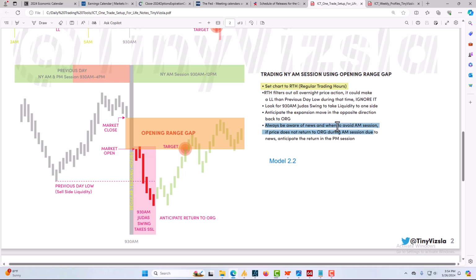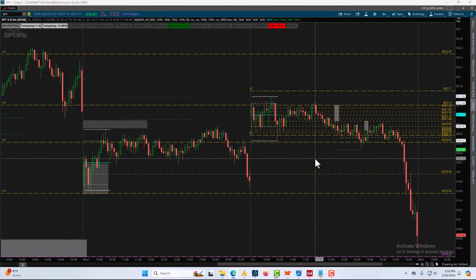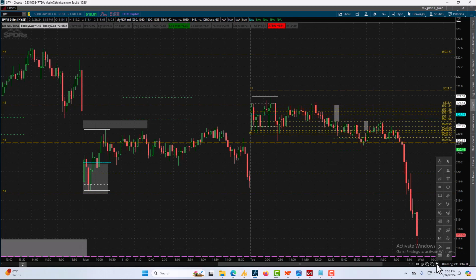That's our mistake. But they say we should avoid. And if the price does not return to the IM section due to the new or anticipated PM, and exactly the PM coming is to fill the gap. That's our huge mistake right there.